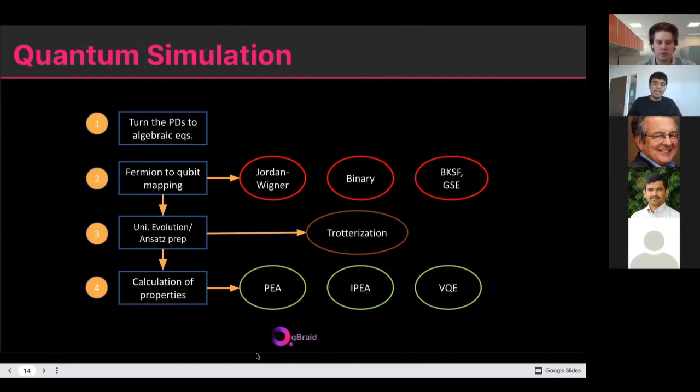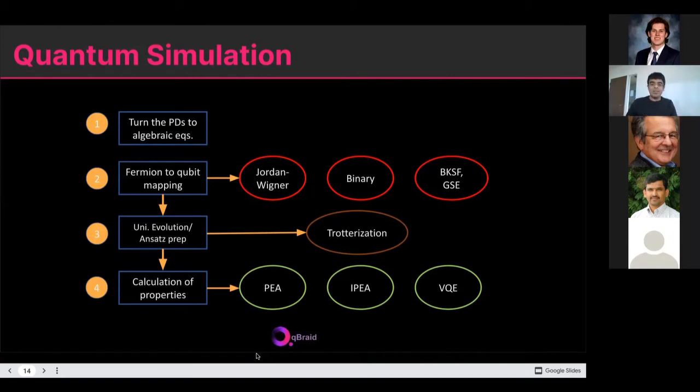Once you've done that, then what you want to do is figure out an algorithm that you would use to read out the properties of the system that you're interested in. Okay, and there are many algorithms for that. In quantum computation, you may have heard of algorithms such as the phase estimation algorithm, iterative phase estimation algorithm, and VQE.